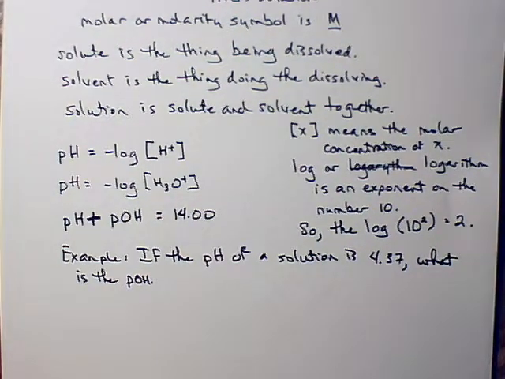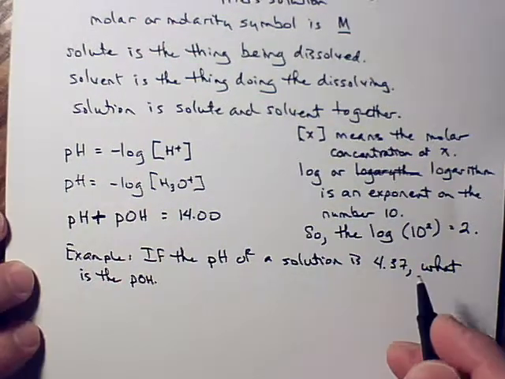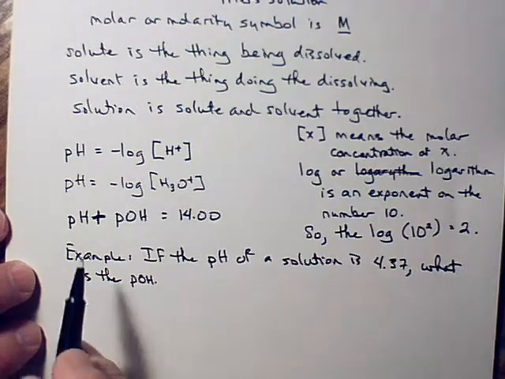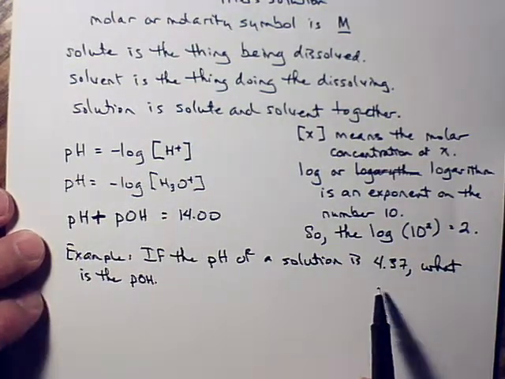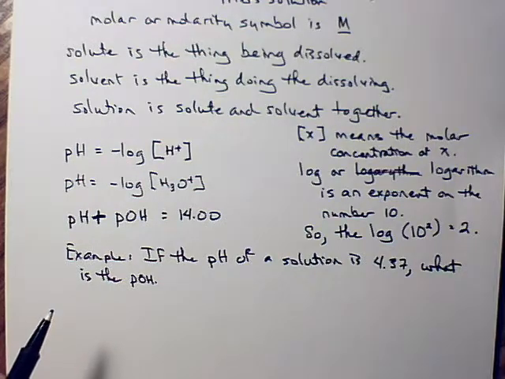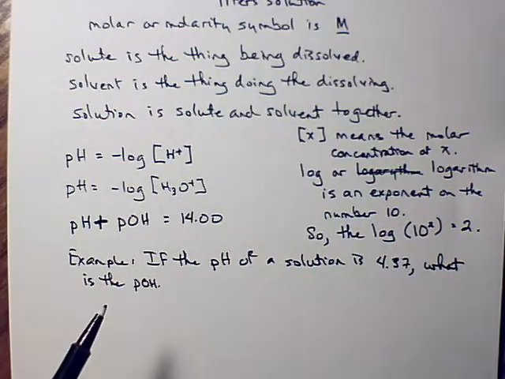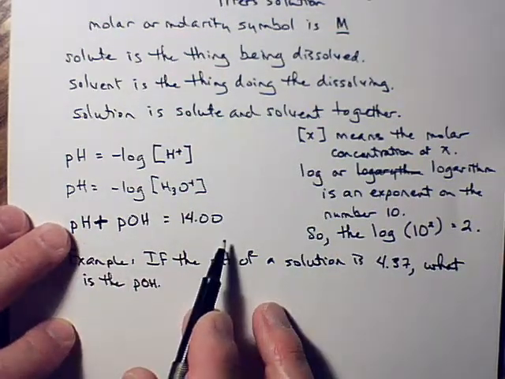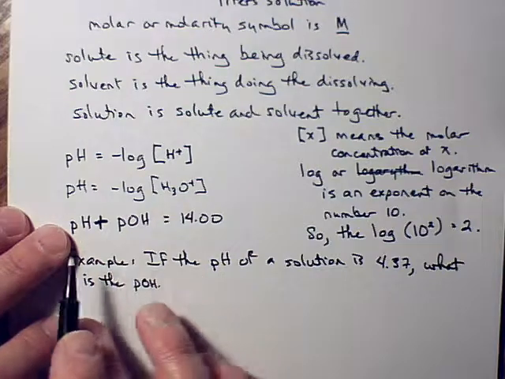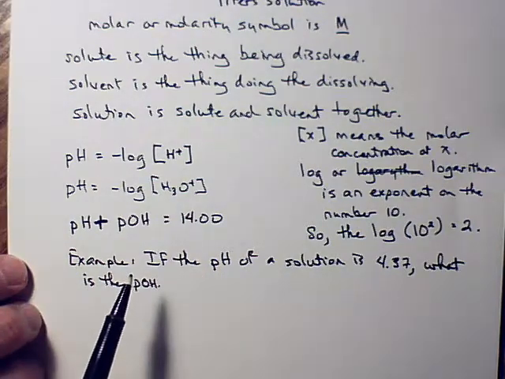How do you find the answer to that? There's your equation right there. Plug the number in. Plug it into this equation first and then move things around to solve for it.